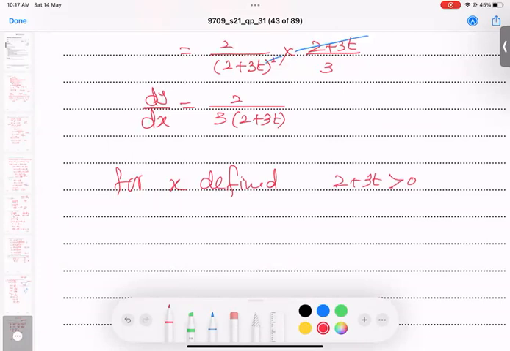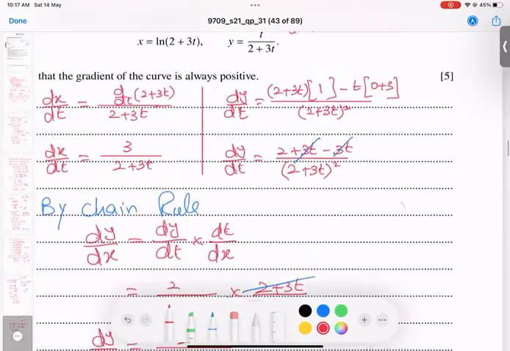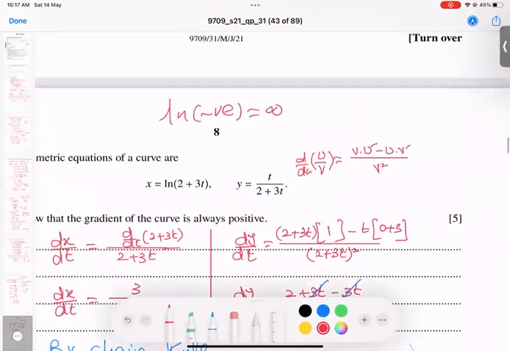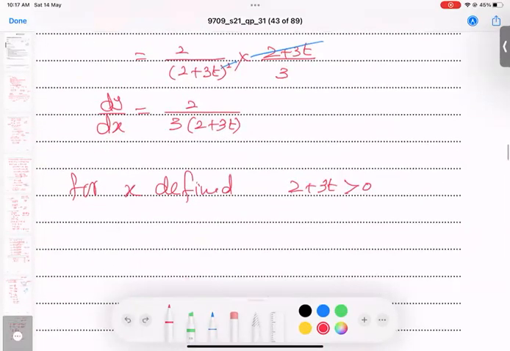Because if a negative answer comes, or even 0, the logarithm of 0 and the logarithm of a negative are undefined. So we cannot decide from there. It means this must be positive, and this must be positive means this is positive. And if this is positive, 100% correct.